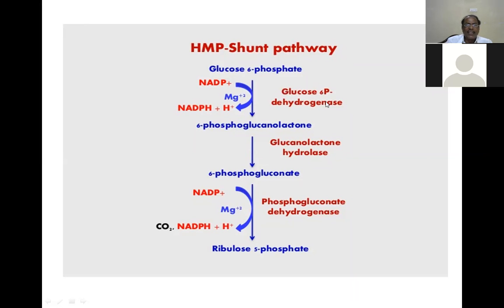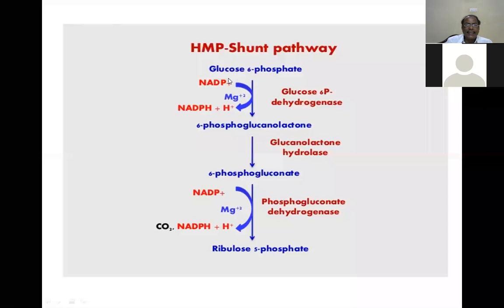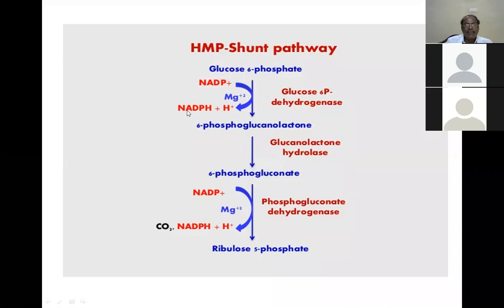Glucose 6-phosphate dehydrogenase acts on glucose 6-phosphate, taking the help of NADP, nicotinamide adenine dinucleotide phosphate, as the coenzyme, and the magnesium divalent cation also participates here and produces NADPH and H+. So the reduced NADPH is being produced. This is essential.